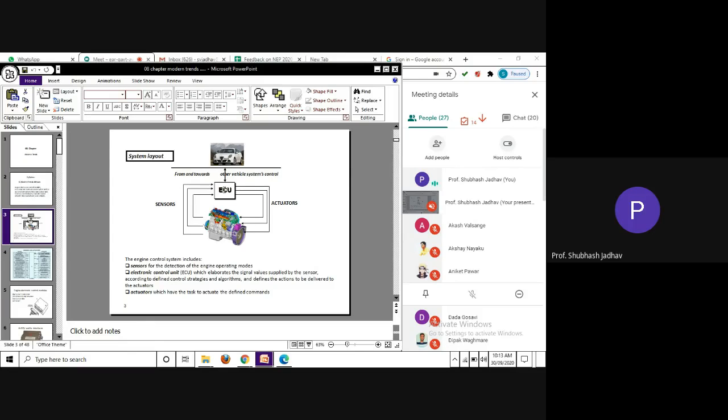But for the ECU to take a decision, what is required? Some signals are required. And for some signals, what is required? Some sensors are required. Now, in my case, what was the sensor? My eye was the sensor, because my eyes detected that some vehicle is coming in front of me and there is a probability of accident.